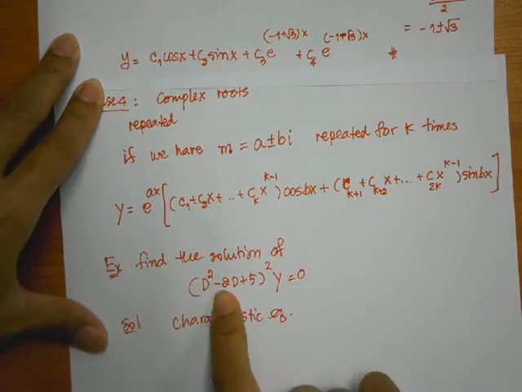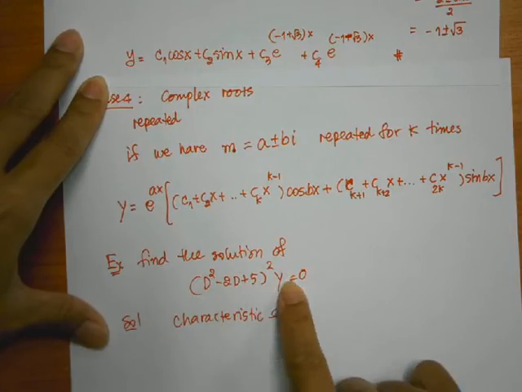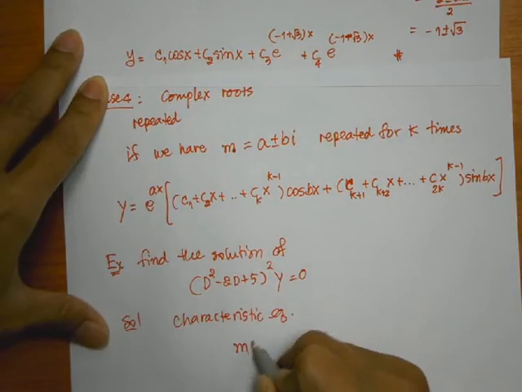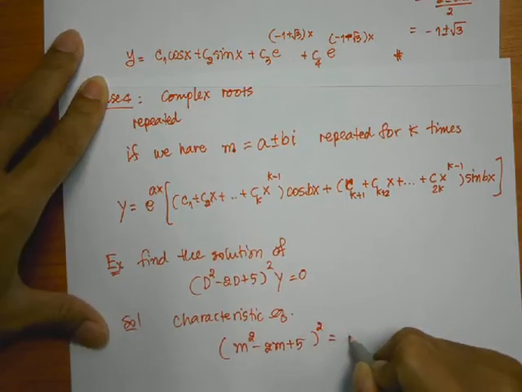Example: you have D squared minus 2D plus 5 to the power 2 times y equal to 0. When you write out the characteristic equation, you would get m squared minus 2m plus 5 to the power 2.